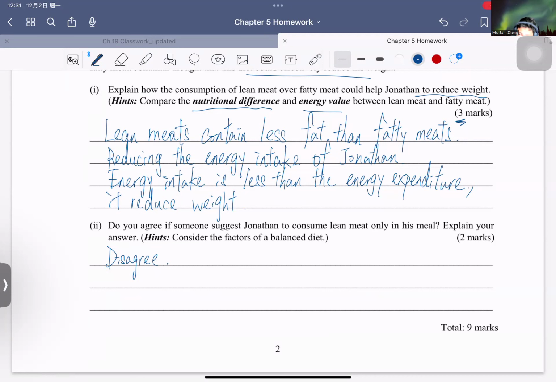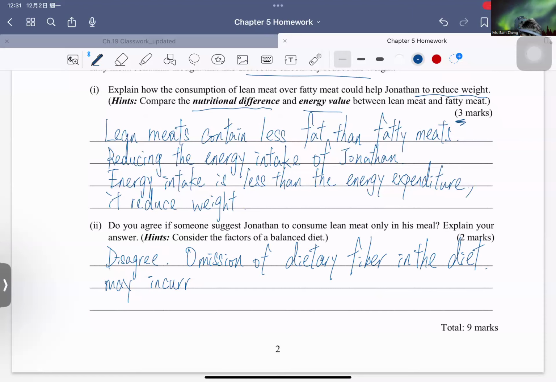So why? Because omission of dietary fiber in the diet may incur constipation.